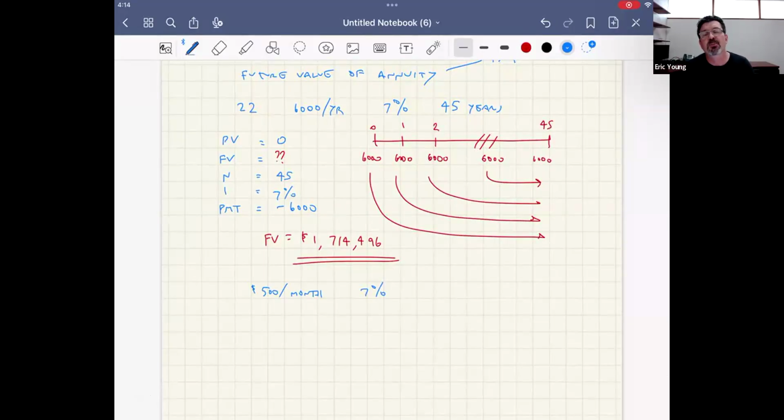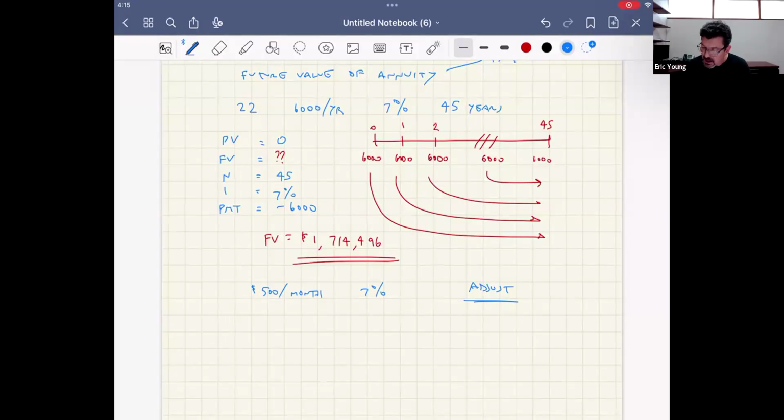But to solve this problem, we have to make some adjustments. Remember I said earlier that all the time value questions default to a period of a year. If you're talking about a year in your problem, you're fine, leave it alone. But anytime you're talking about a period other than a year, you have to adjust.